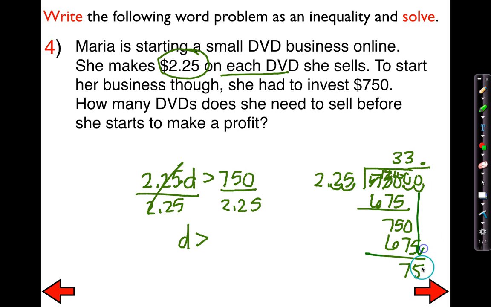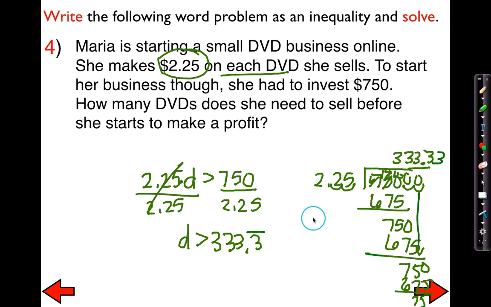So let's bring down another 0. That's going to go in 3 times. And you're going to notice that this is going to repeat. So the answer is D is going to be greater than 333.3 repeating, or it's the same as 333 and 1/3.